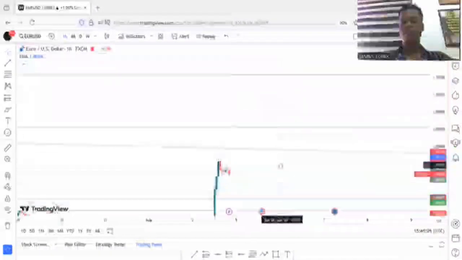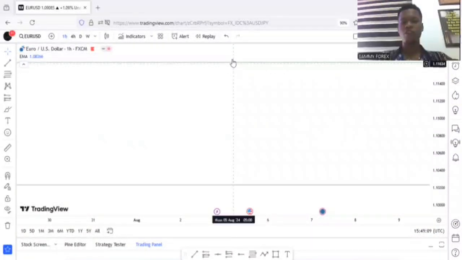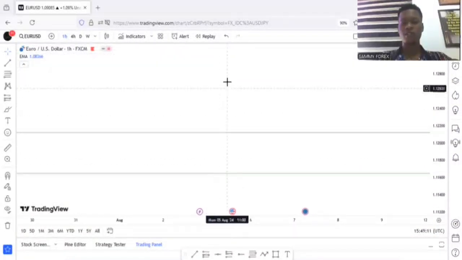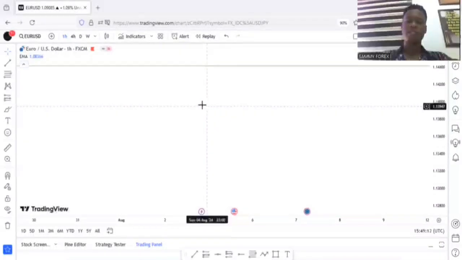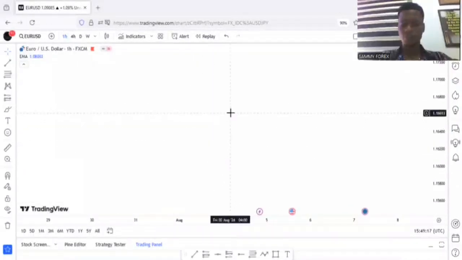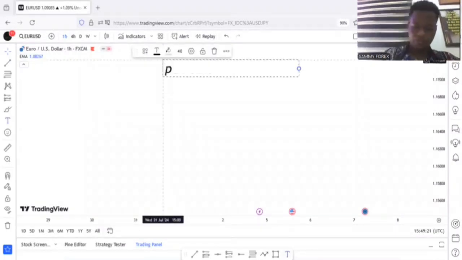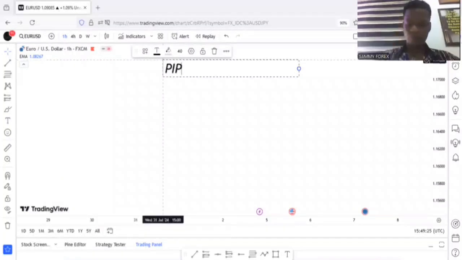Okay, let's talk about pips. I know most of us have been hearing about pips, but don't know what it means or how to read it. Let's talk about the pips, using a capital P-I-P. What does it mean?